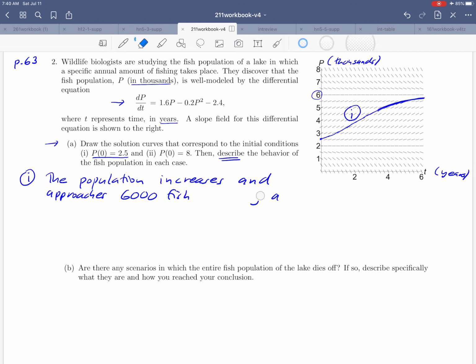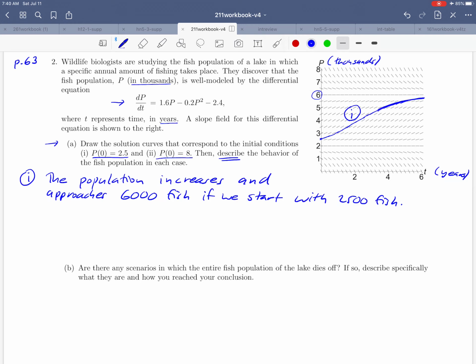That sounds a little bit clumsy. Let me say that a little bit differently. If we start with 2,500 fish, a starting population of 2,500 fish leads to an increase in population and ultimately an approach to an overall population of 6,000 fish. We're getting that information from the curve that we drew.